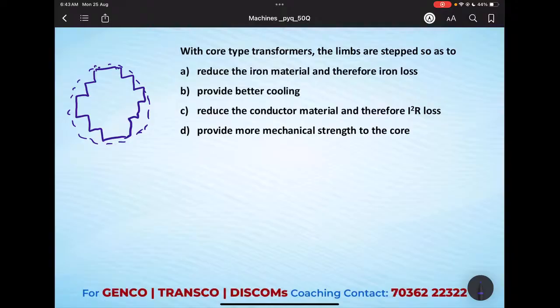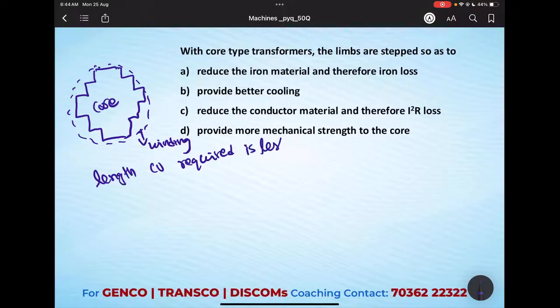So what are the advantages we are going to get by making the core like this? The length required for the winding is less. This is winding, this is core. So the length of copper required will be less. As the winding is made up of copper, the length of copper wire is going to be less.